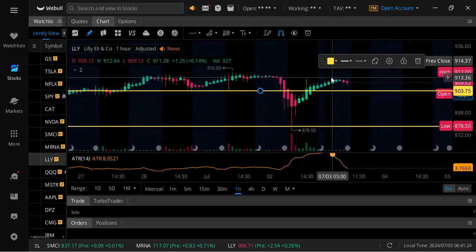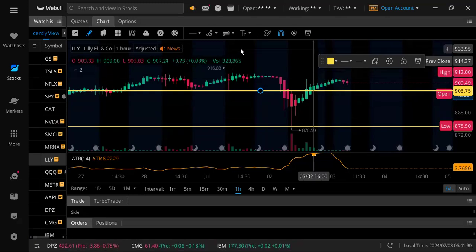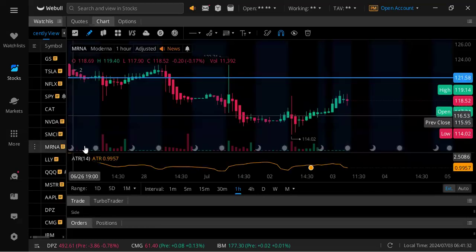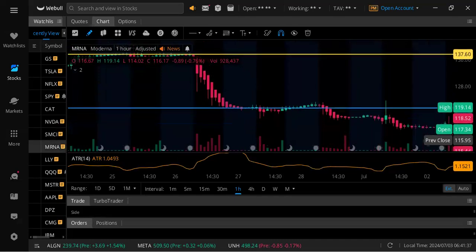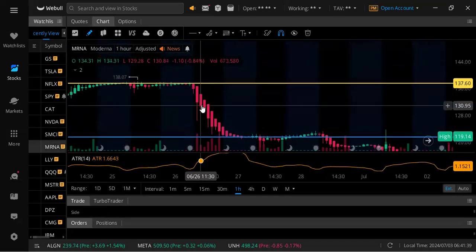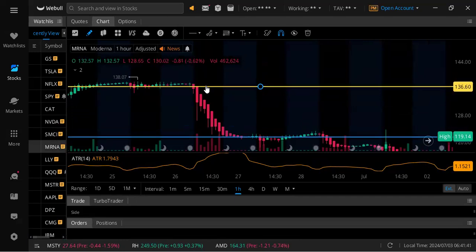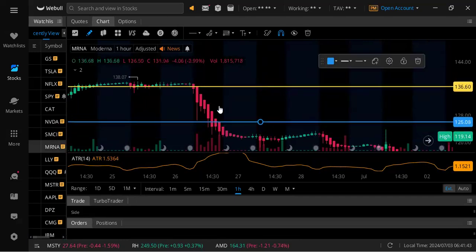Okay, trading using the first hour candle, just knowing the intention of that stock based on the first hour. Okay, Moderna here, first hour on the 26th, very strong bearish candle.